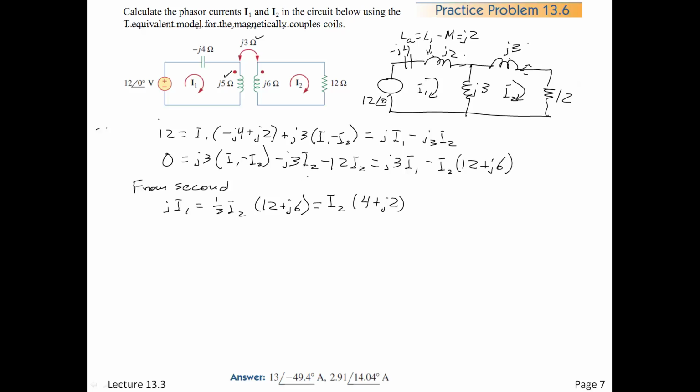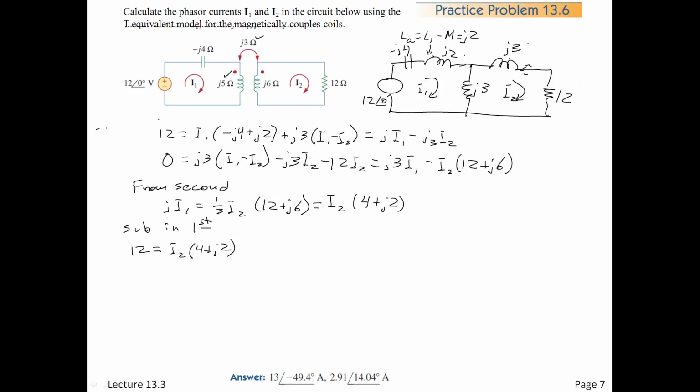Right, so now substitute into the first, and I get 12 equals I2 times 4 plus J2, right?